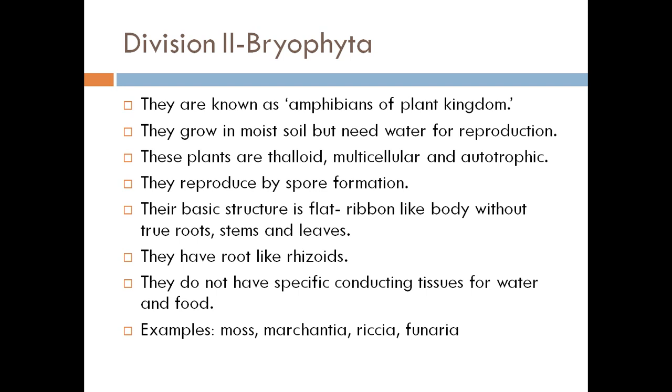Rhizoids are little hair-like structures. So they don't have true roots, they have only rhizoids as roots. They do not have specific conducting tissues for food and water. That means they don't have any special organ through which water and food is transported to every part of the plant.